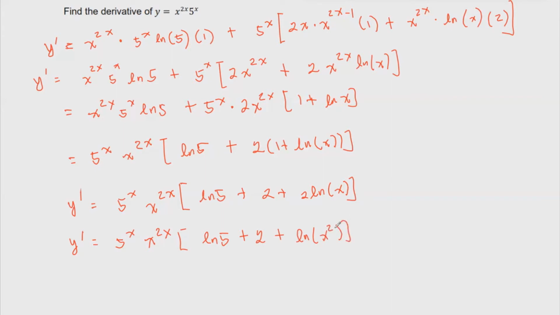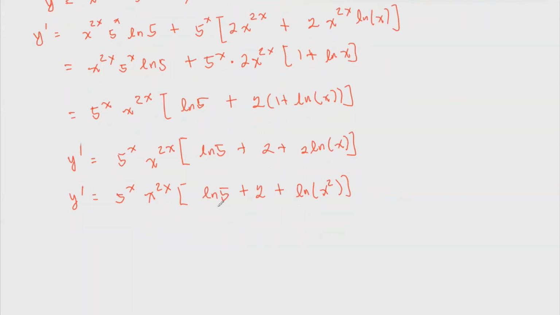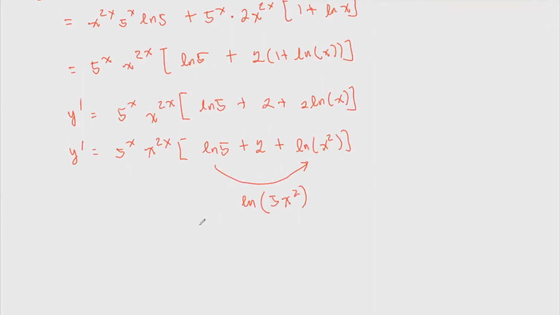Okay, and then by the property of ln, you can actually do something like ln of 5x squared, because remember, this is a property of ln wherein if you have addition of the natural logarithm of a certain number, you can actually do this. In this way, we can also rewrite this as 5 to the x, and then times x raised to 2x, and then we multiply this with 2 plus ln of 5x squared.